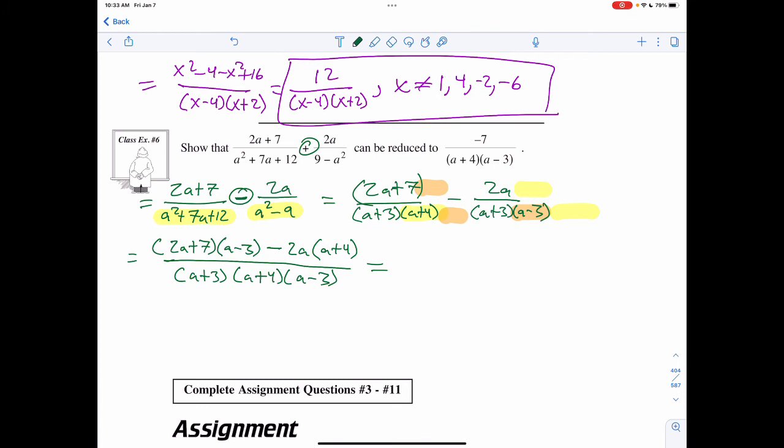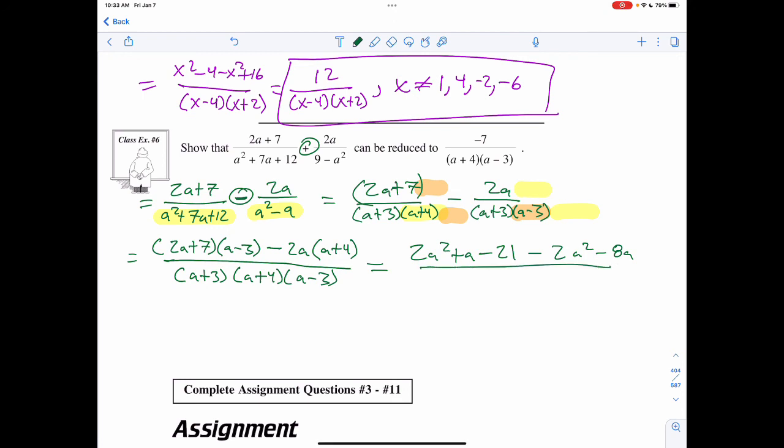I'm going to expand this out, and I'm going to get 2a squared plus a minus 21, and I'm subtracting from that 2a squared, and I'm subtracting 8a.